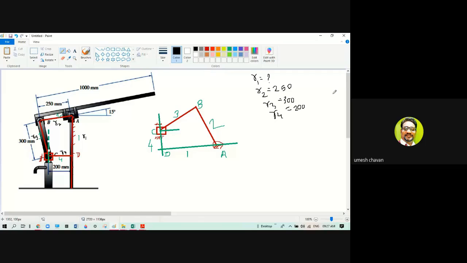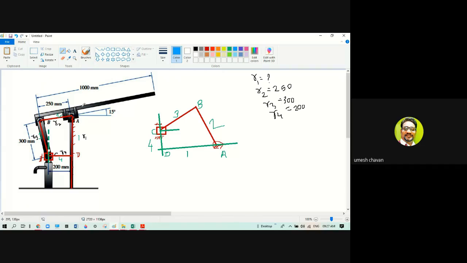So writing the loop closure equation is to identify the mechanism and its loop. We identified the mechanism as a slider crank mechanism, and its loop is obtained like this. Now write the vectors, and before writing the vectors, represent the arrows for every link or every side of the loop.